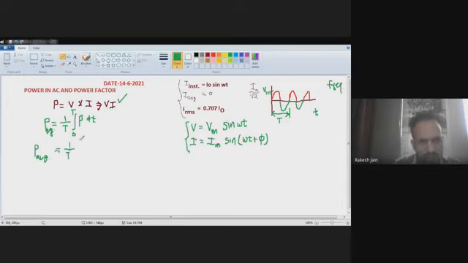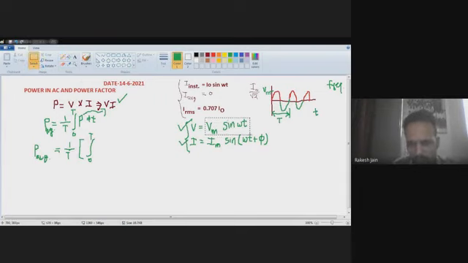Okay. In the bracket I just write down the integration from 0 to capital T, and in place of this P, I have to put Vi. What is V? V is this one and i is this one. So I just copy and paste these two terms.